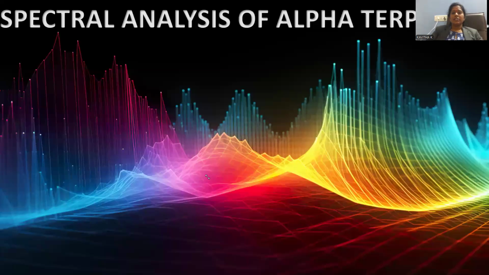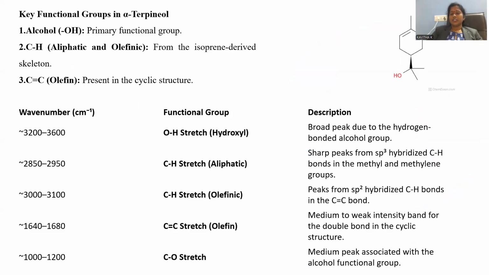By this, the biosynthetic pathway is completed, and the next segment will be the spectral analysis of alpha terpineol. How can we confirm its structural skeleton? That is carried out by various spectral methods. Let's go with IR spectroscopy. When alpha terpineol is subjected to the infrared spectroscopic method, infrared spectroscopy is meant for functional group identification.